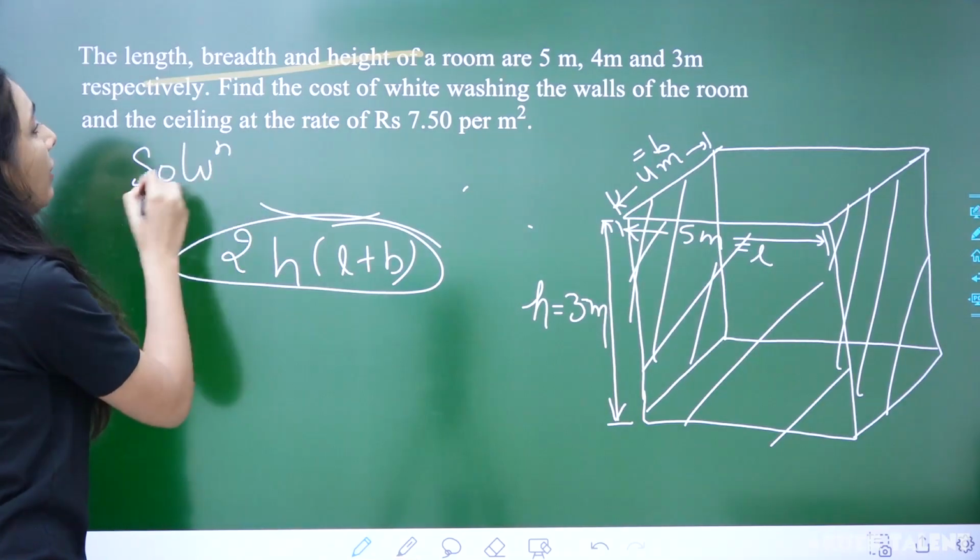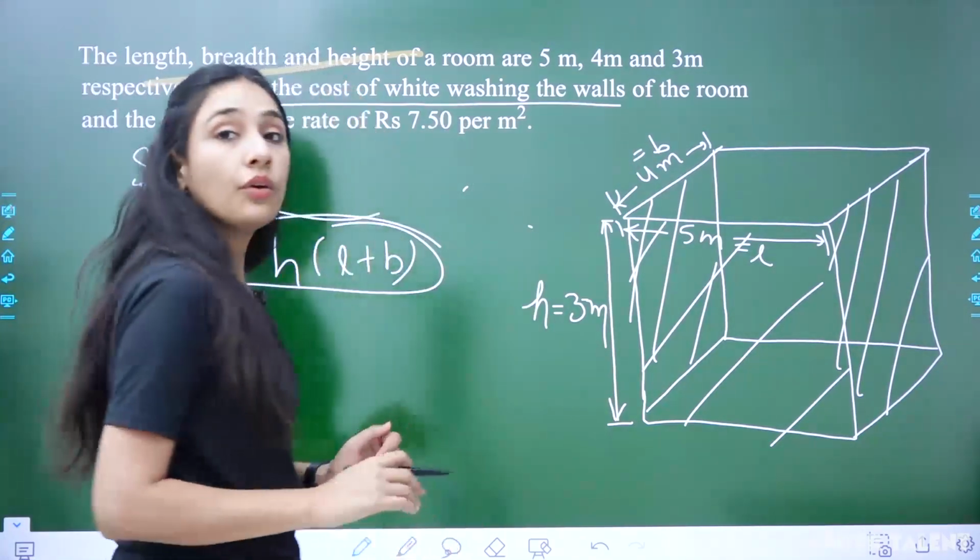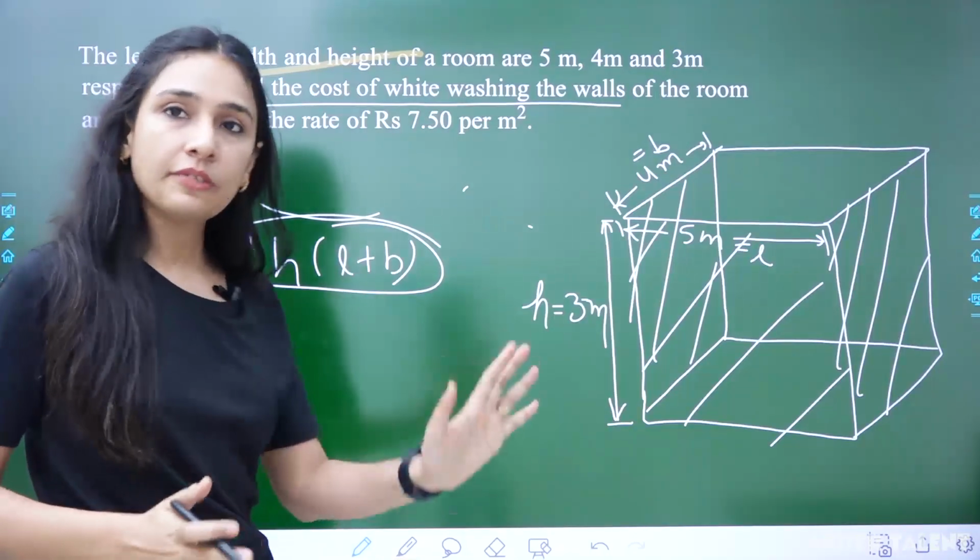Solution. We have to find out the cost of whitewashing the walls. Whitewashing will be on the surface of the wall.